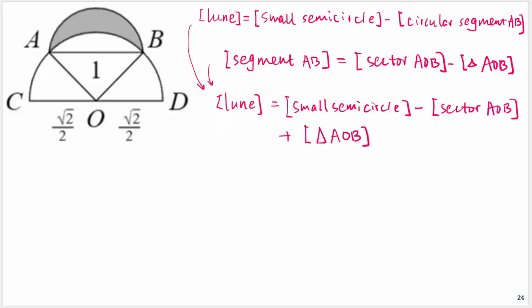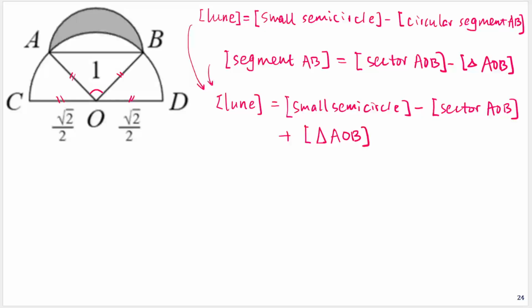Okay, to find the area of sector AOB, we need angle AOB here, right? Since CD equals 2, we have OC equals OD equals OB equals OA equals square root 2 over 2. Seeing those square root 2's makes us think of 45, 45, 90 degrees triangles.